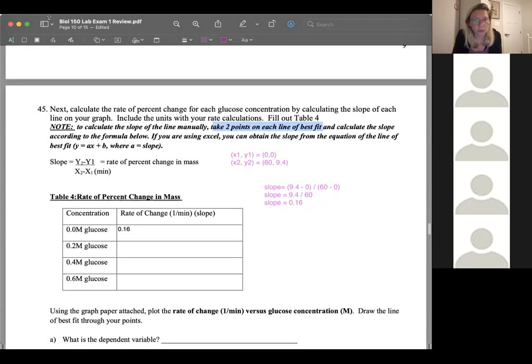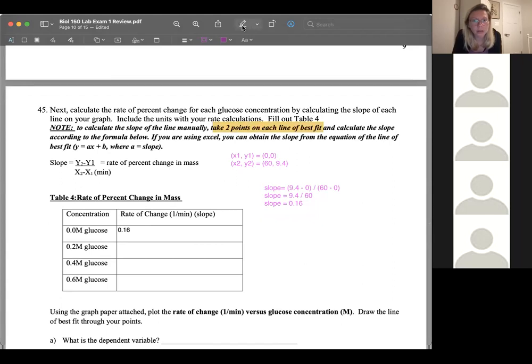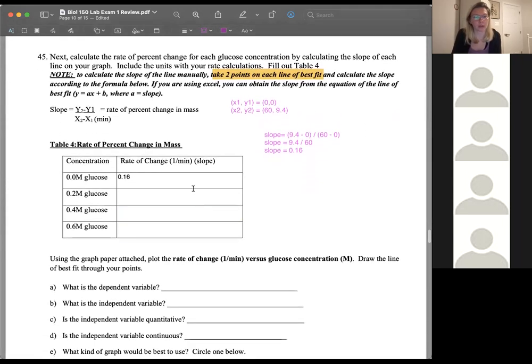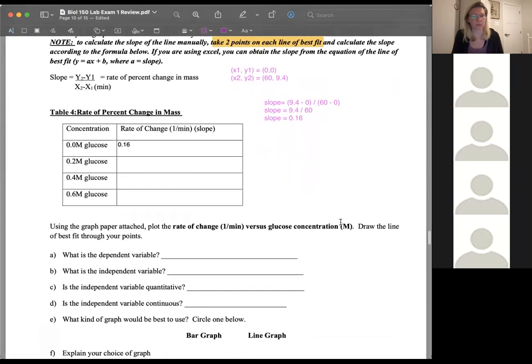All right, I want to highlight this. There we go. Okay. All right, so assuming that we went through these calculations and we wanted to graph this data, what would our different variables be? Rate of change in mass.